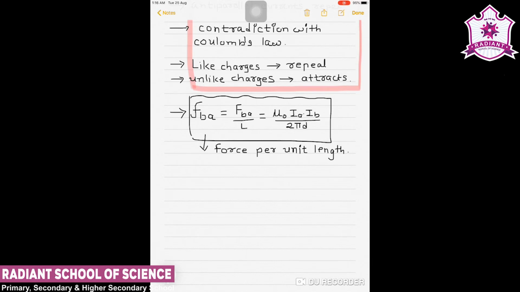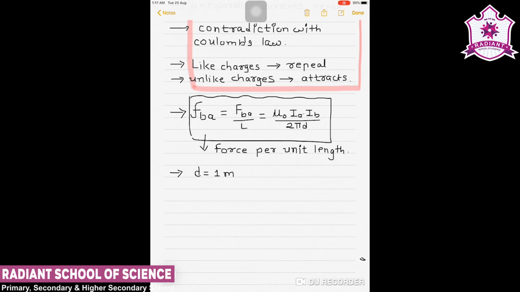So if we are taking different values from this equation, suppose d is equal to 1 meter, and these two wires are very long, straight, parallel and of negligible cross section.